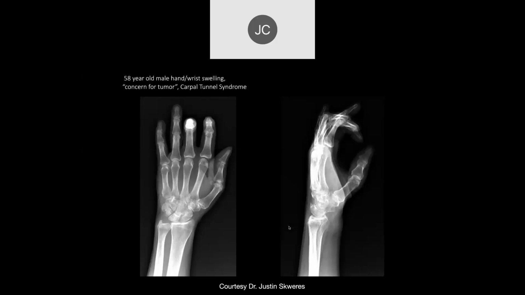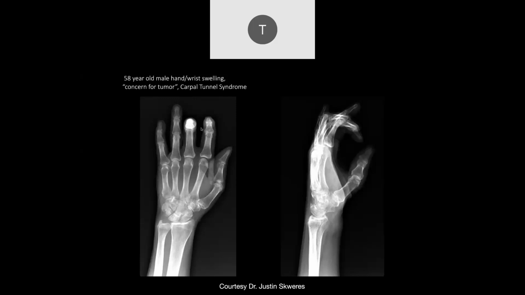Okay, Tayson. All right. 58-year-old male, hand and wrist swelling, concern for tumor. Am I just seeing a flexed finger there?